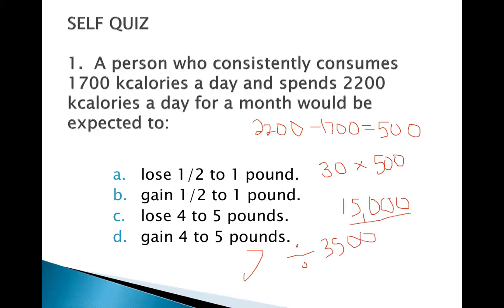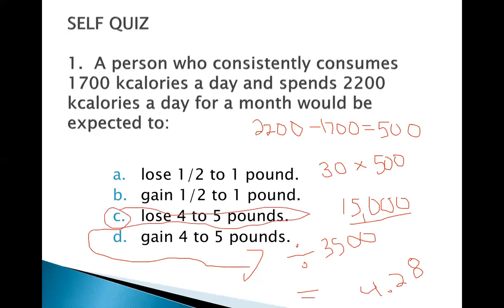So you're going to take this 15,000 and divide it by 3,500, and this is going to give you 4.28. Since they're consuming fewer calories than they're burning, they would lose on average 4.28 pounds, which would be answer C. So that's how you would solve that problem.